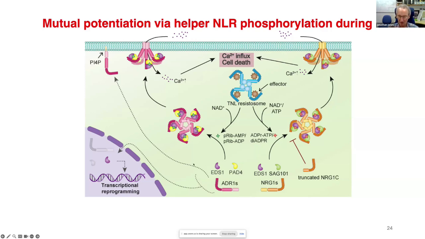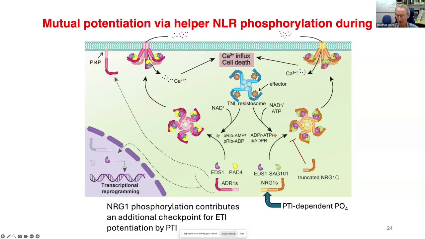And to cut a very long story short, what we found is that during PTI, this guy gets phosphorylated, and that is part of how ETI and PTI work together. For reasons of time, I won't say more about that, but I'm happy to take questions.